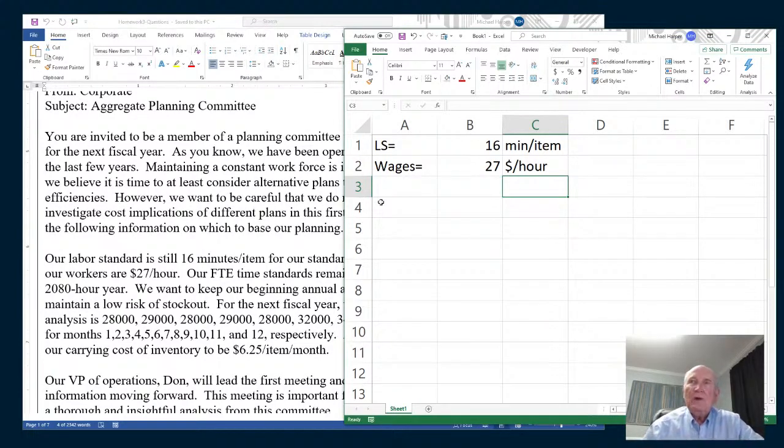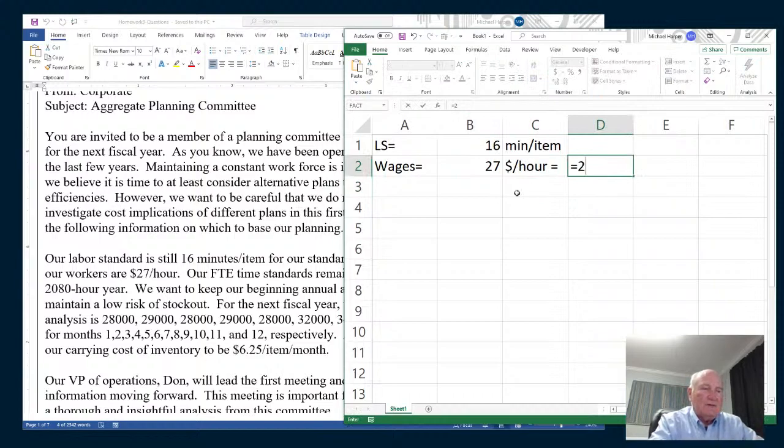If it takes $27 for every hour and every item takes 16 minutes to do, then how many dollars per item is that? So let me just say equals 27 times how many hours it takes to make one.